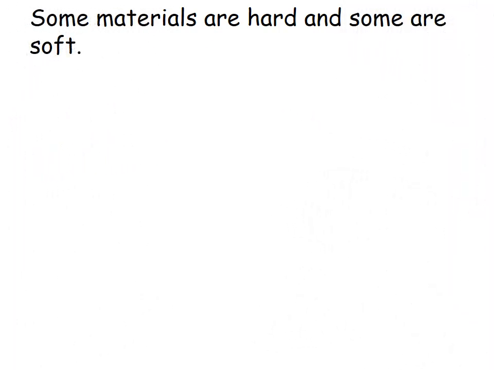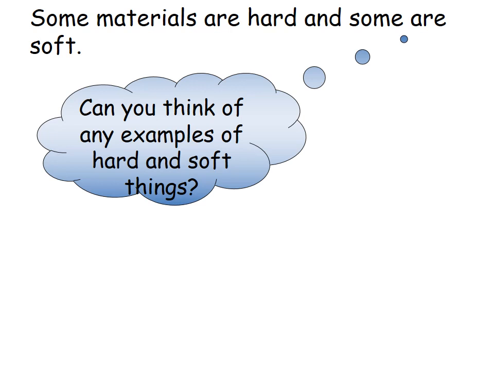Some materials are hard and some are soft. Do you know that? I think you know that from our Unit 5. So, can you think of any examples of hard and soft things? What are those things which are hard and soft, and are easy to bend or to change shapes?